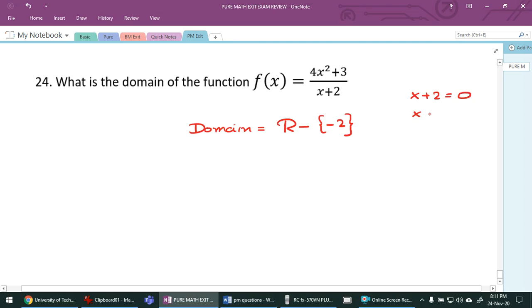So what is x? X equal to minus 2. So x can accept any value, but you cannot take the value minus 2, because if you put x equal to minus 2 here, it will become minus 2 plus 2. So this will become 0. That means the denominator will be 0. That means it is not acceptable. So you can accept any real number, but don't take the value minus 2.